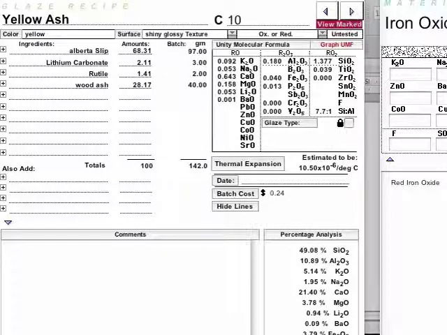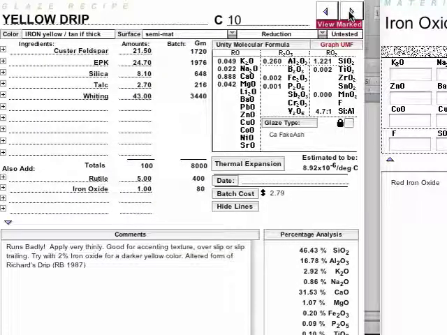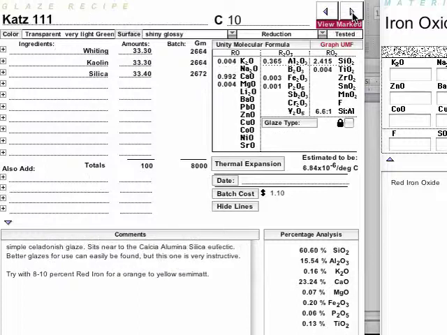This one's a little bit odd because it has some lithium carbonate in it. It has some rutile in it. Rutile and iron together, especially in high calcium glazes, makes nice yellows. Yellow drip, same deal. It's a runny rivulated glaze.